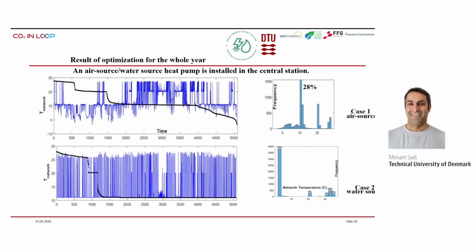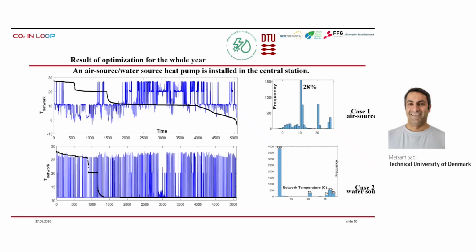And what we can see is the optimum temperature of the network for each hour. We can see from the second case, where we have a water source heat pump at the central station, that the temperature of the heat source is relatively constant during different hours because it is connected to the water heat source.